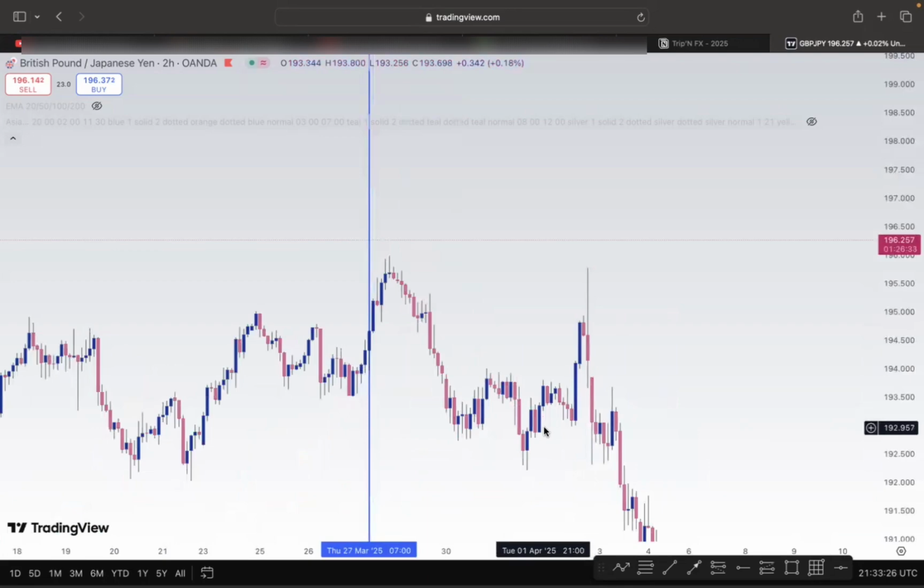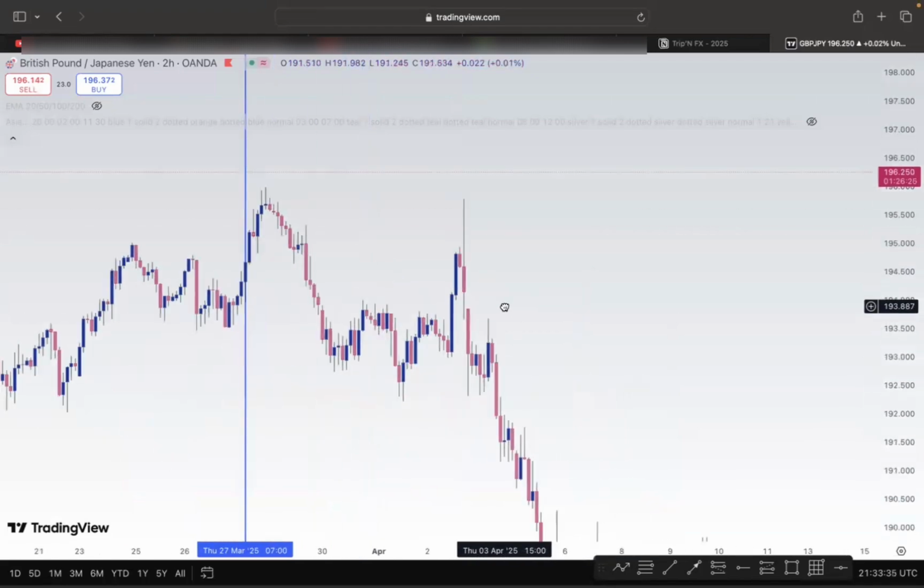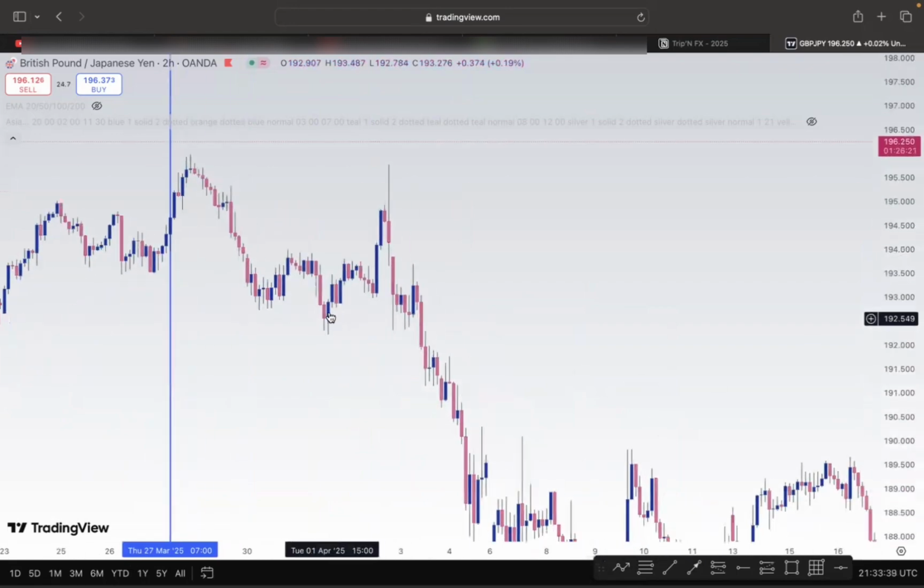Let me see if there's any other candlestick pattern that we can look at. Okay, sure. And then after this sell happened, price came back up. So that's the retracement. And then it dropped again. So after it dropped, what happened now?